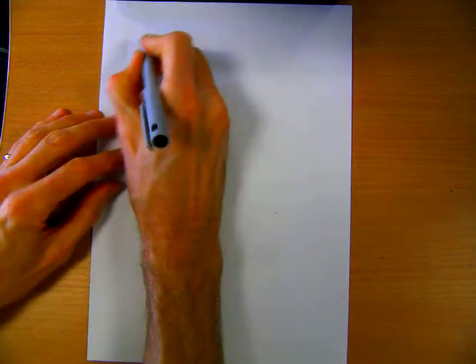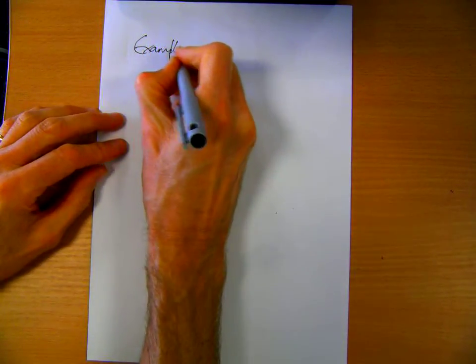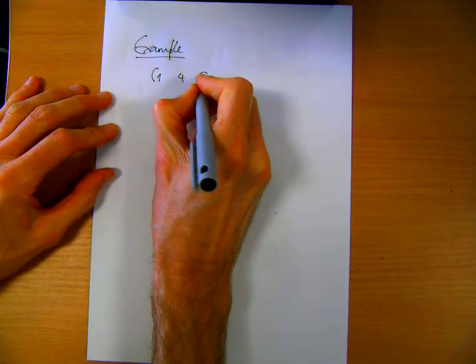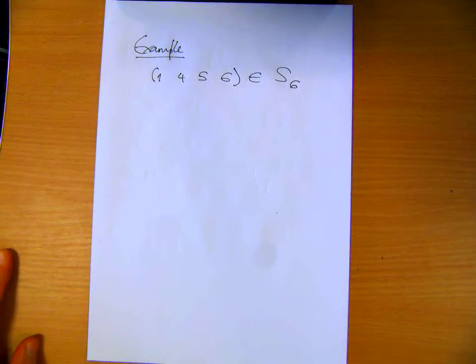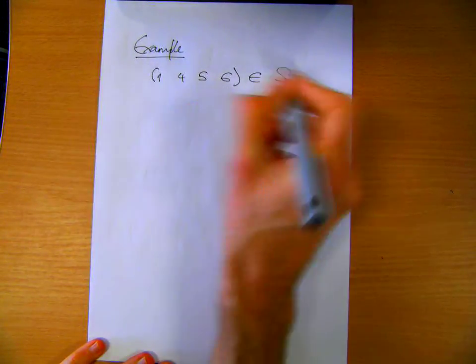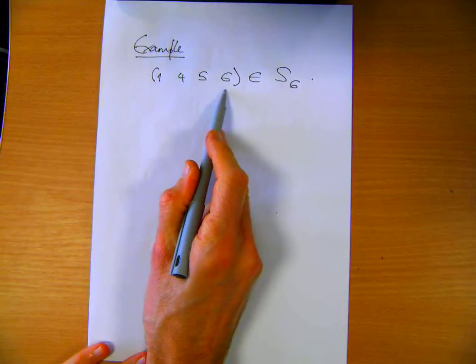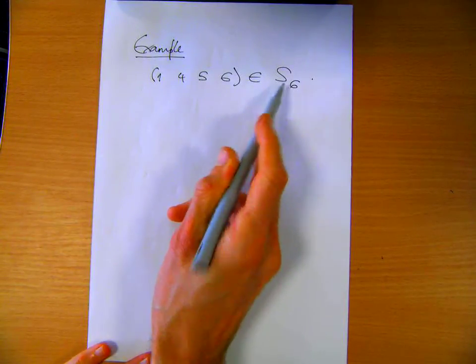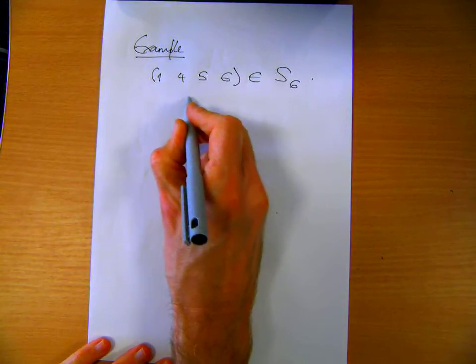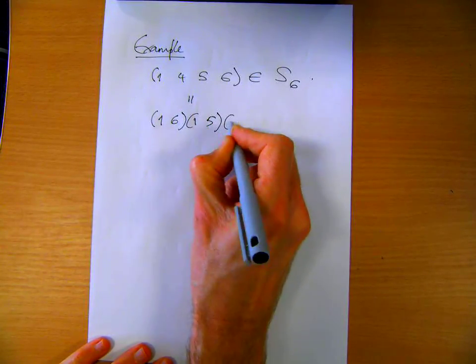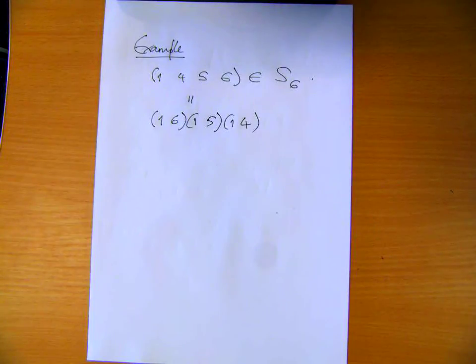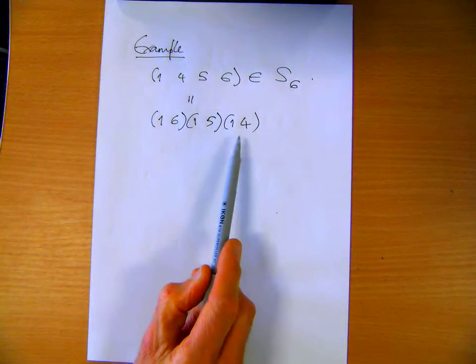So let's just have another example, similar to the one we've already done, just to reinforce the idea. Suppose we consider this 4 cycle in S6. Well, I can write this, for instance, as (1 6)(1 5)(1 4). I can write it in lots of other ways as a product of transpositions.